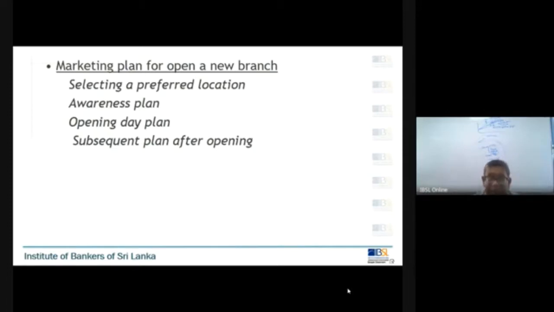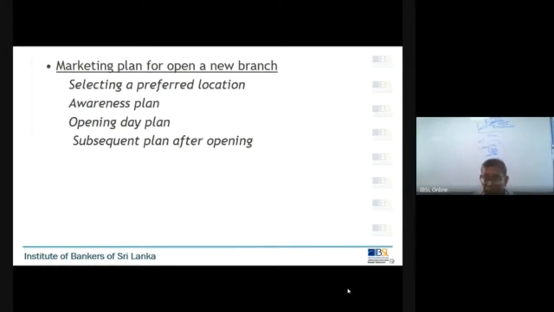Every bank has a publicity van, a mobile van. They may go from place to place, announcing, say, ABC Bank is going to open a branch in Dehiyatta Kandiya. So we give you all the facilities you require.